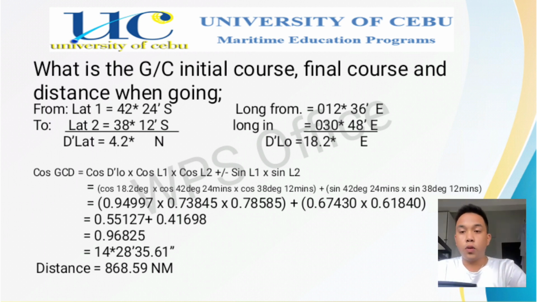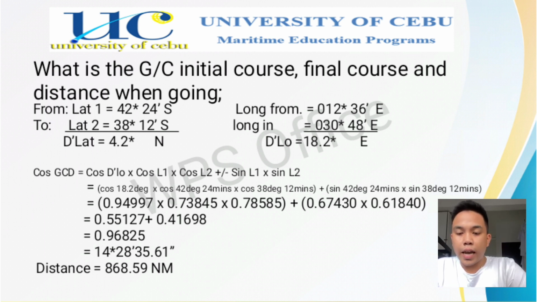So we'll solve for the longitude. The given is 0 degrees 12 minutes 36 seconds east, minus 30 degrees 48 minutes east.